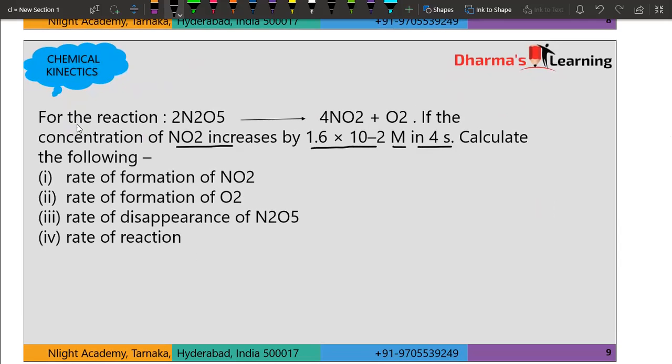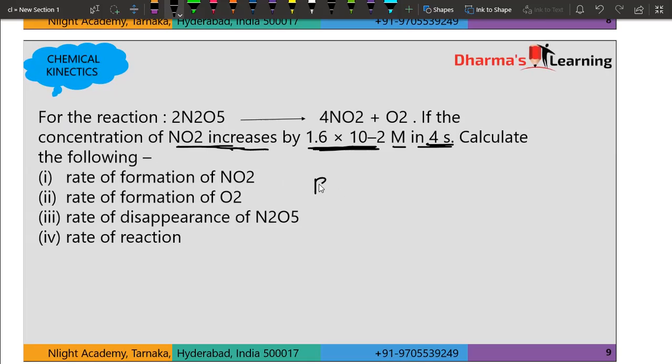They have given the change in concentration of NO2 over a particular range of time, that is 4 seconds. We need to write the rate of formation of NO2.